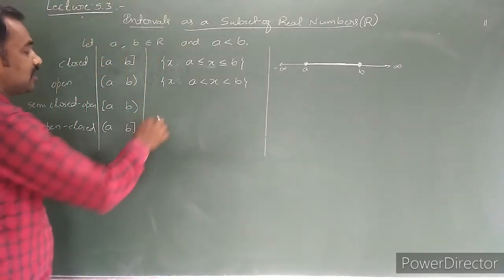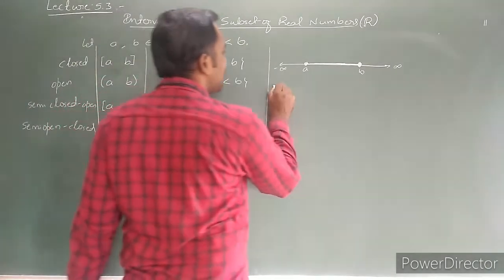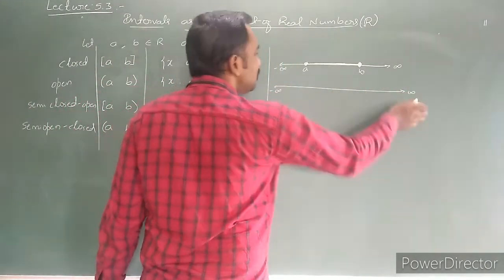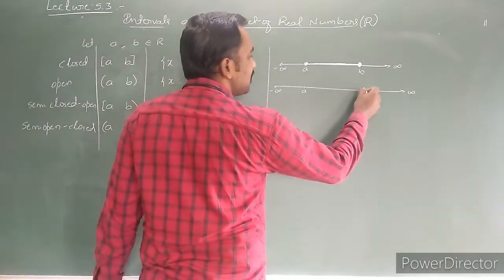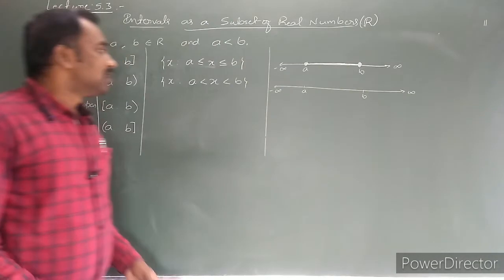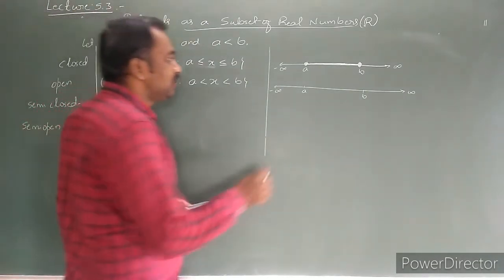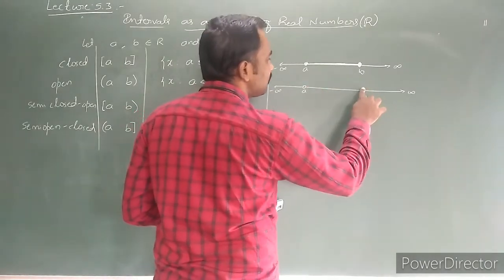Now, how to represent this in a real number line? On the real number line, I consider negative infinity to positive infinity. A is less than b. Here is my a, here is my b. All the values in between a and b. Here I use an open circle.